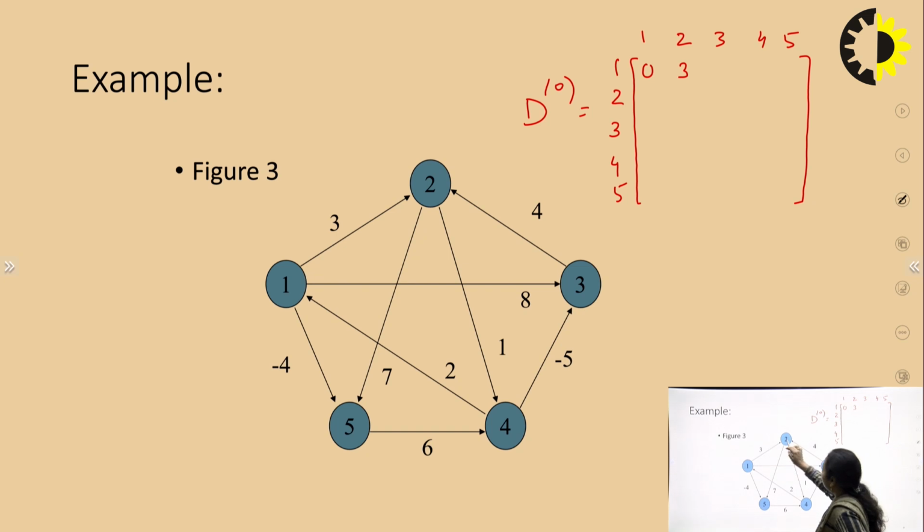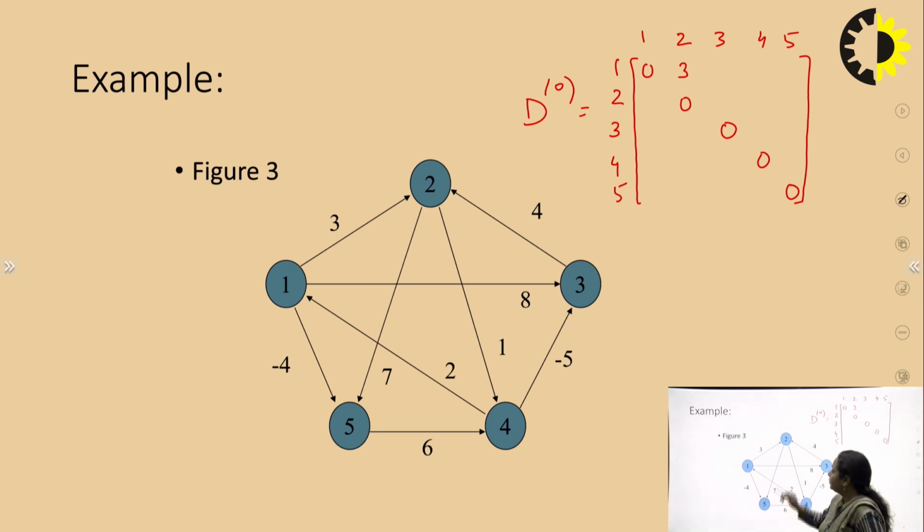Similarly 2 to 2, 3 to 3, 4 to 4, 5 to 5: when i equals j and there is no self loop in the graph, all these values are 0. So I can fill the diagonal values as 0 because i and j are equal.